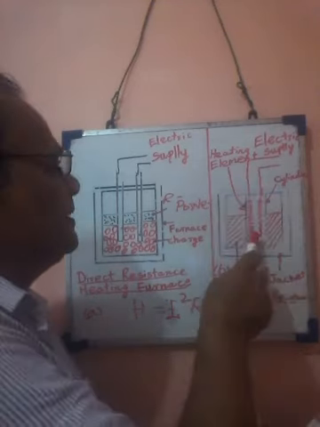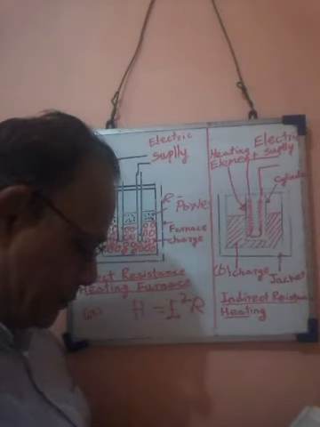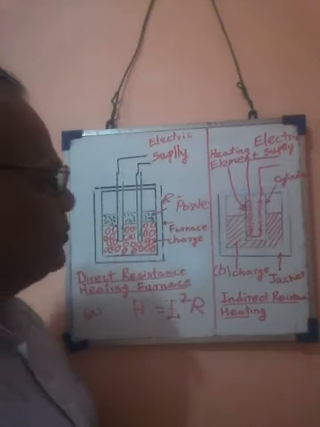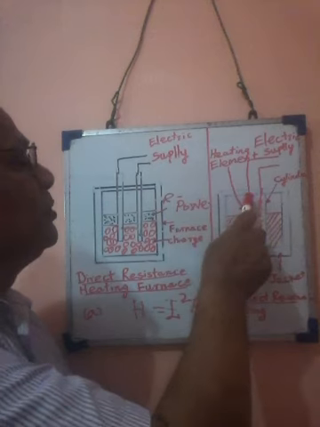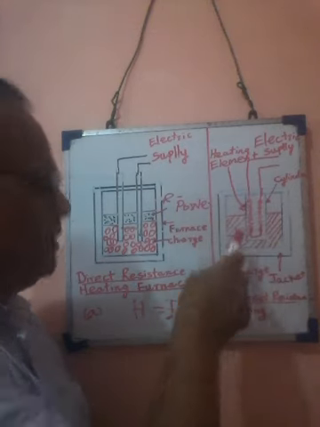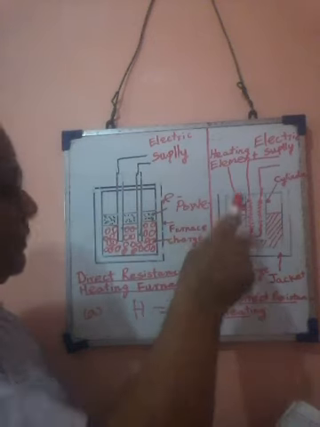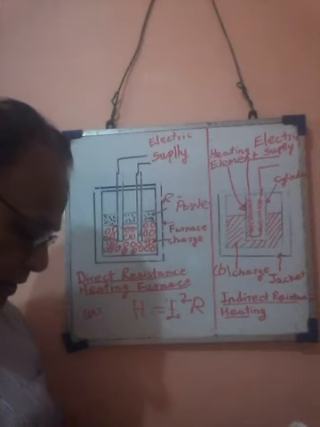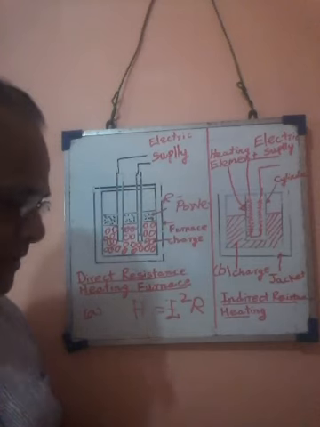Number five, mechanical strength. The material can be used as a coil when it is a hard material. The heating element material should possess high mechanical strength. These are the qualities required.